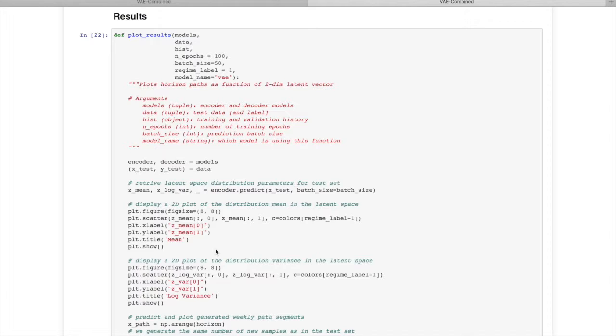It uses the encoder prediction function to generate new latent vectors using the test set as input, and it displays associated images like the ones I just showed, like distributions in latent space, the synthesized weekly moves, and the performance graphs.